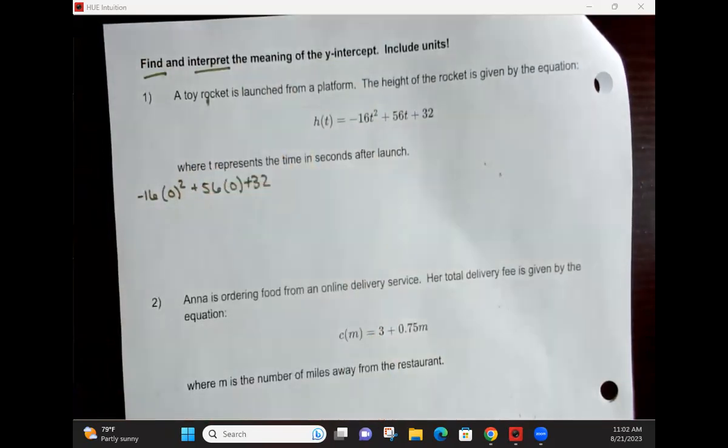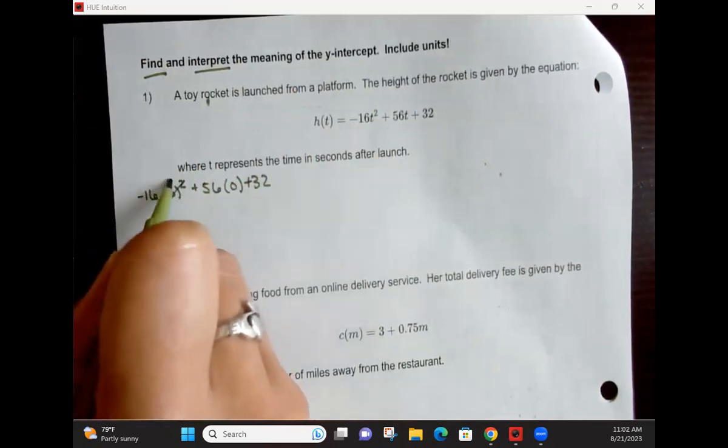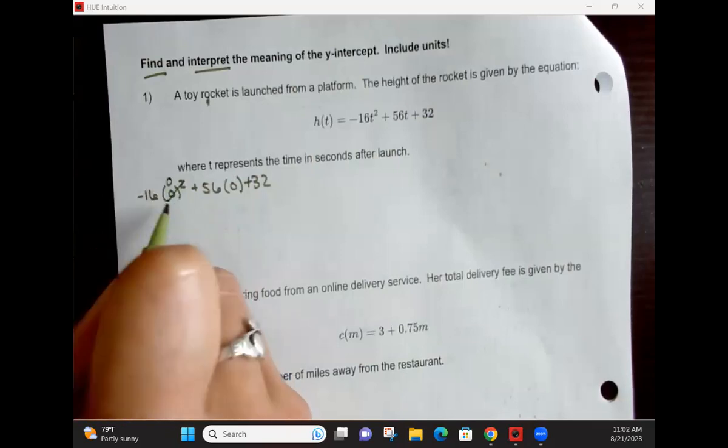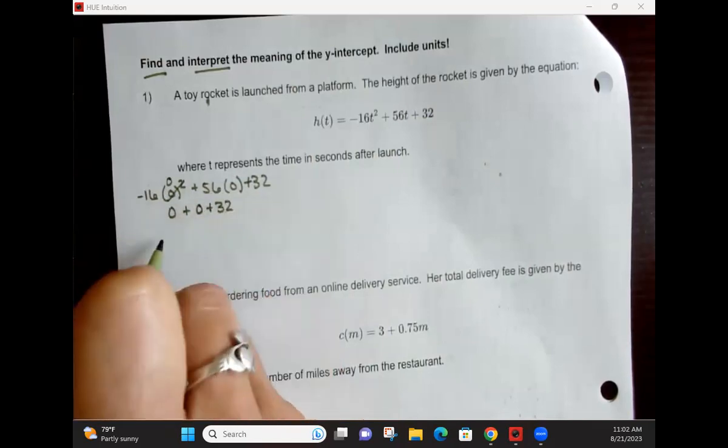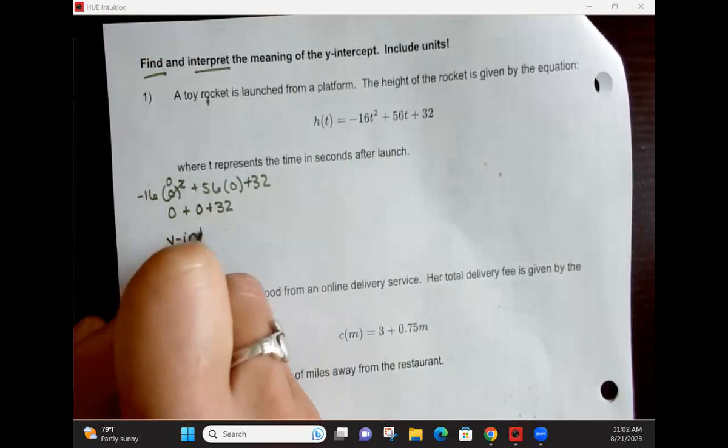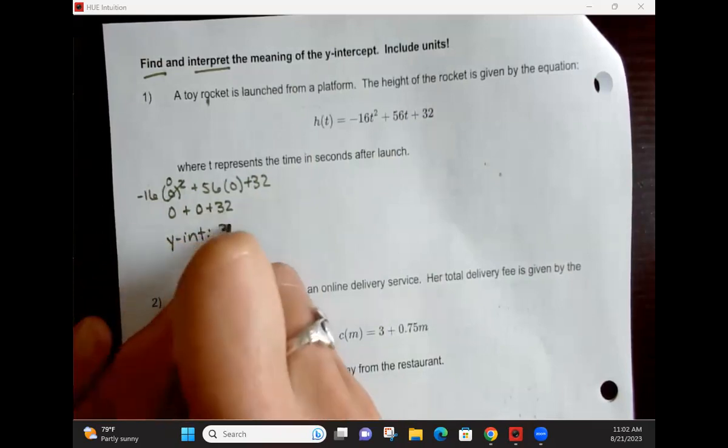I'm plugging in 0 for my variable there, and then I'm going to simplify so we can see our y-intercept. Now 0 squared here is just 0, and negative 16 times 0 is 0, plus 0 plus 32. So our y-intercept is 32.